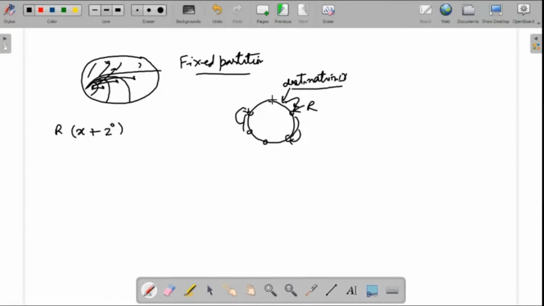So in Chord, for a node X, I will define something called a finger table. The 0th entry will be the root node for X plus 2 raised to the power 0. Then the next entry, which corresponds to 1, will be the root node of X plus 2 raised to the power 1. Technically, what I am doing is now going diametrically opposite.